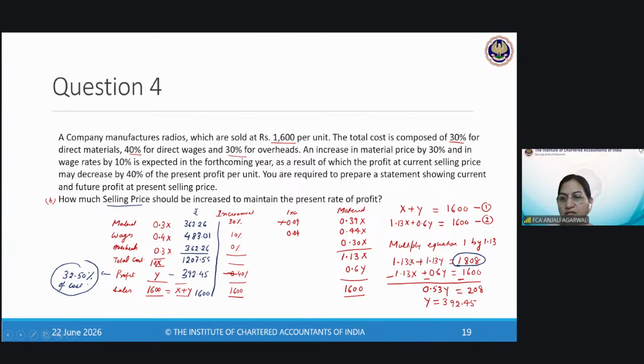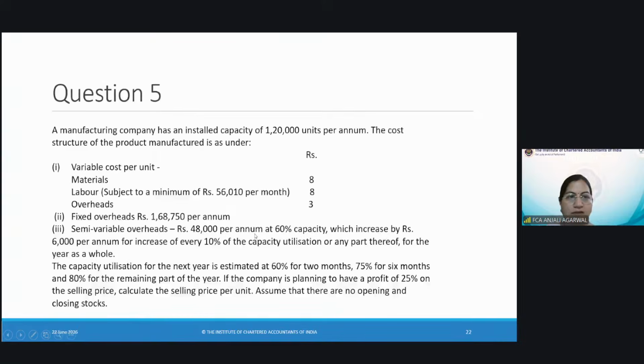So if everything increases by 13% and you keep the profit percentage constant, you will end up getting a selling price of 1808. Right? Last question we will discuss today, and then we'll take up a case study.